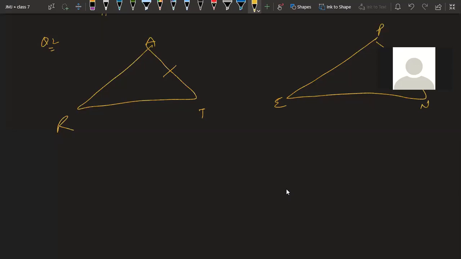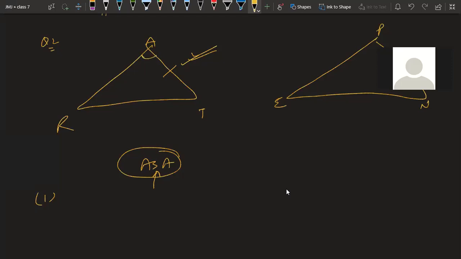Okay, so class, this is given to you and you want to use ASA criteria. Then what do you need? You already have a side. What do you need? You need two angles. You need to give two angles which are coming either side of this side.